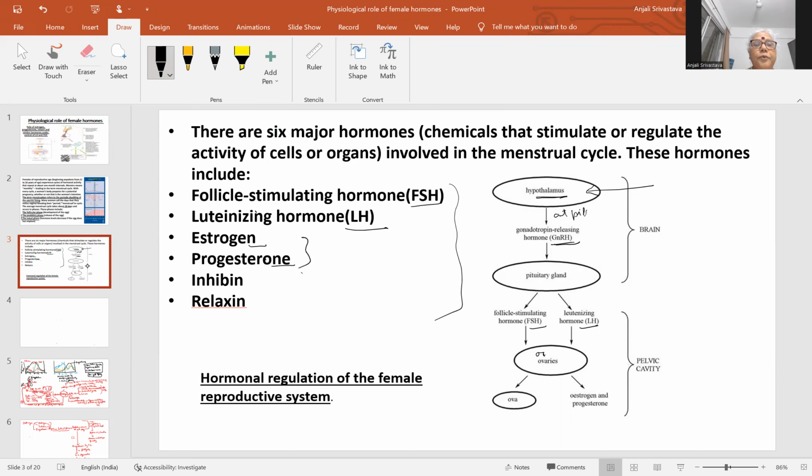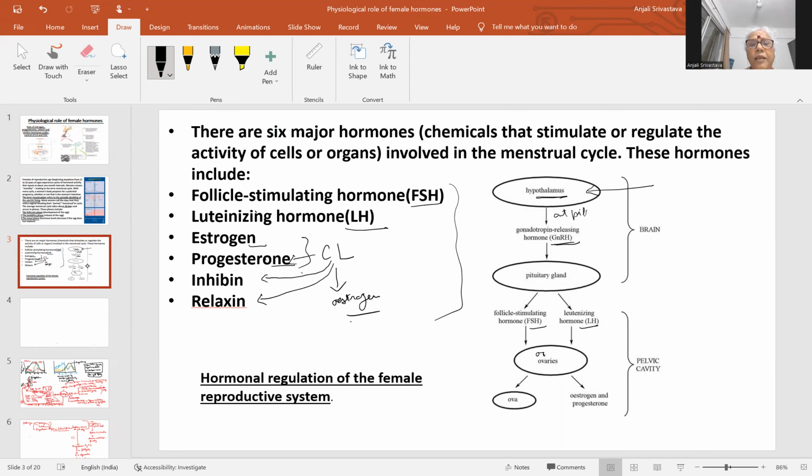Under the action of estrogen and progesterone, the corpus luteum is produced. This corpus luteum produces the progesterone, inhibin, relaxin, and certain other hormones, along with estrogen itself.